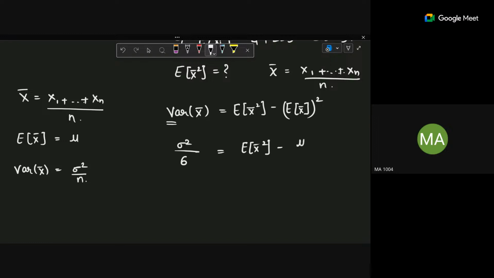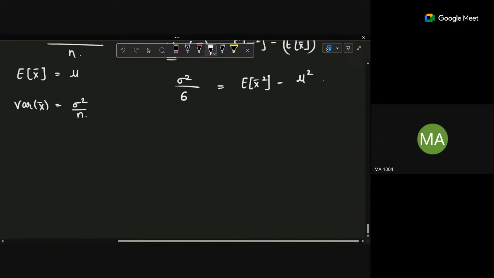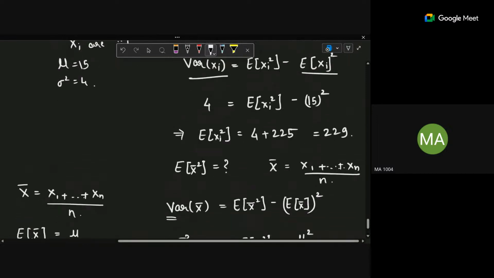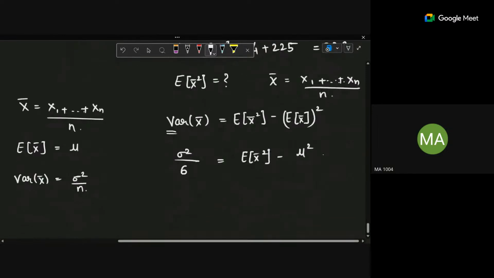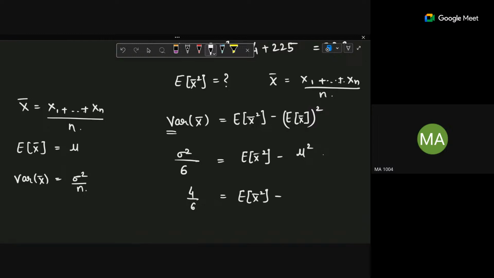Minus this is mu square. So variance is 4 by 6, which is equal to expectation of x bar square minus mu square, that is 15 square.